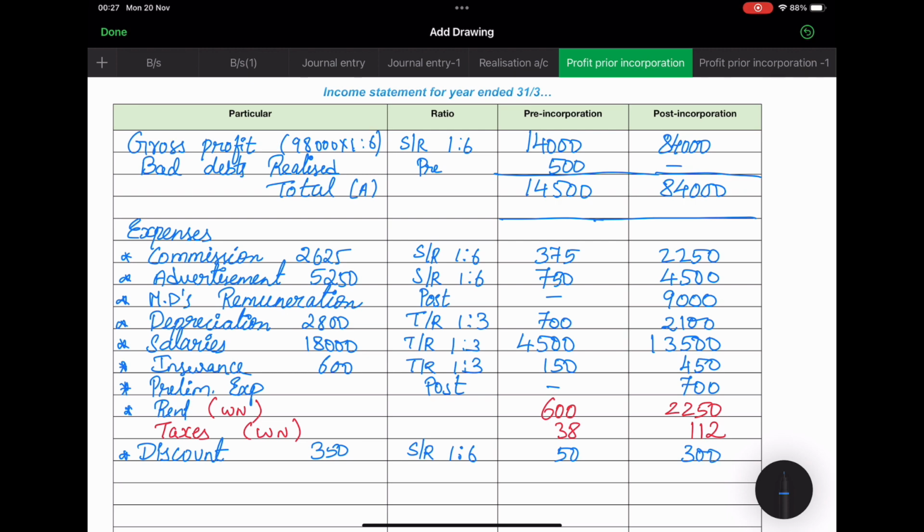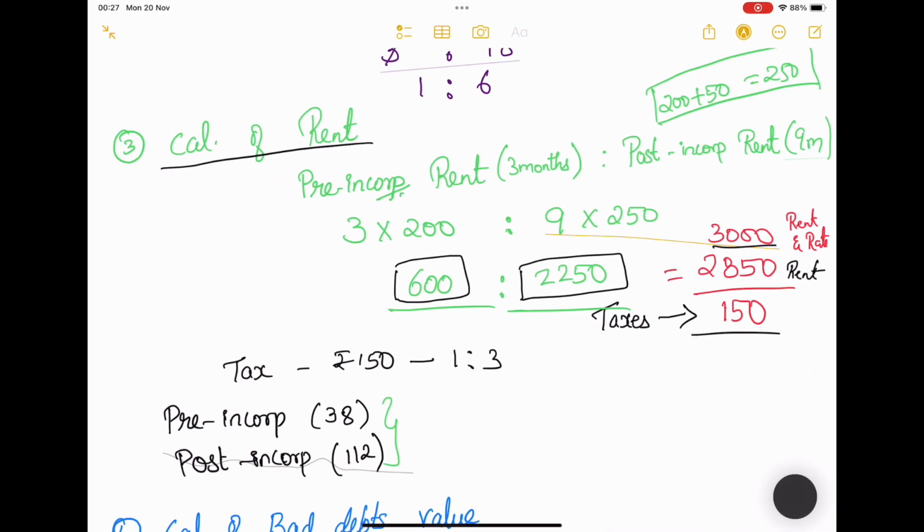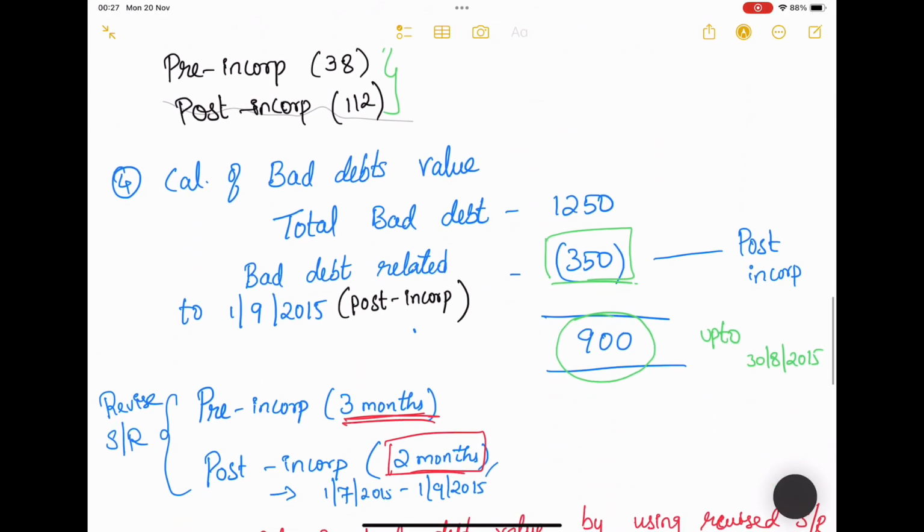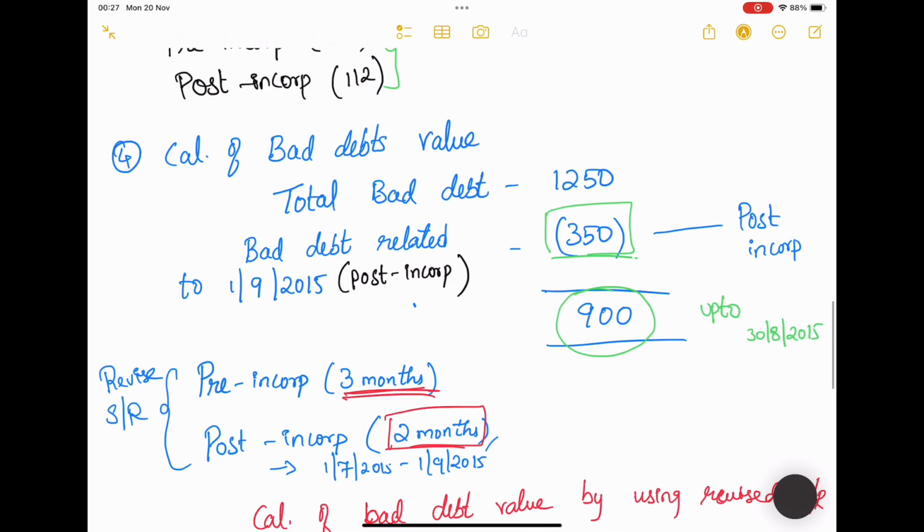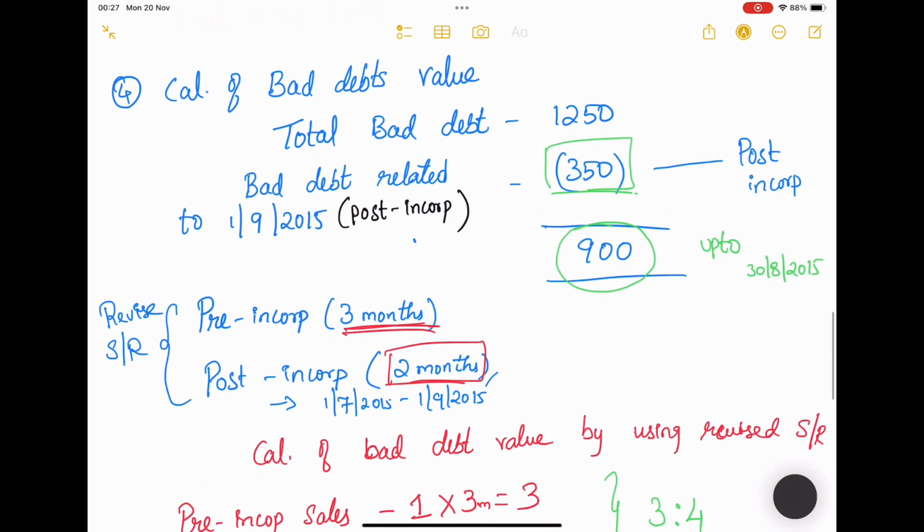Next, last one, nothing but bad debts. Bad debts, you have to mention as working note or note, whatever, how you have given the heading. So this is the working note calculation what we have done.